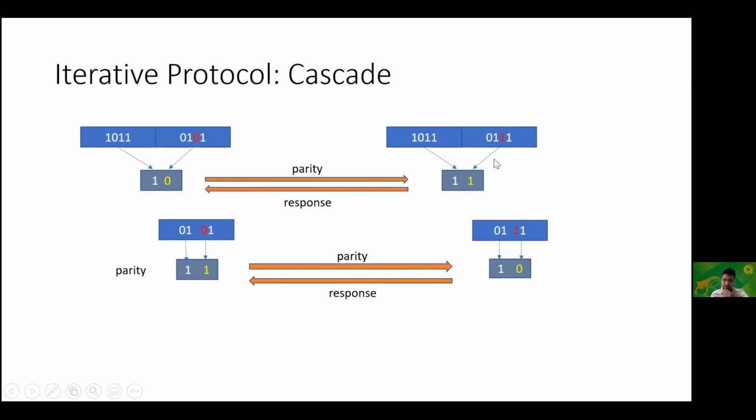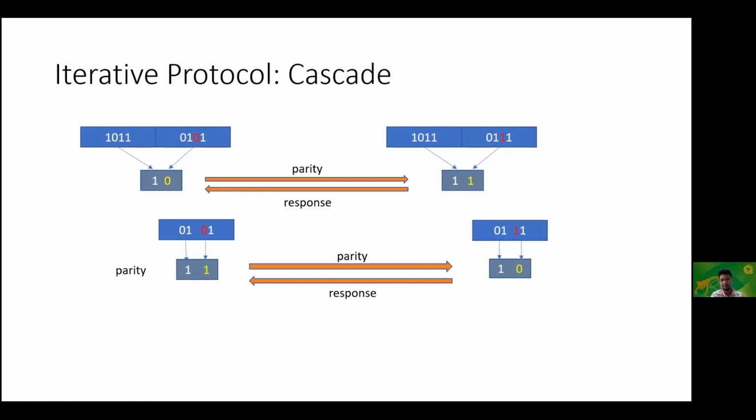Now, when Bob receives the parity from Alice, he notices that this yellow bit has mismatched. So Alice has said that the second block has parity 0, but I am seeing parity 1. It means I have some bit flip in my second block. So now they keep the first block as it is because no error is detected.